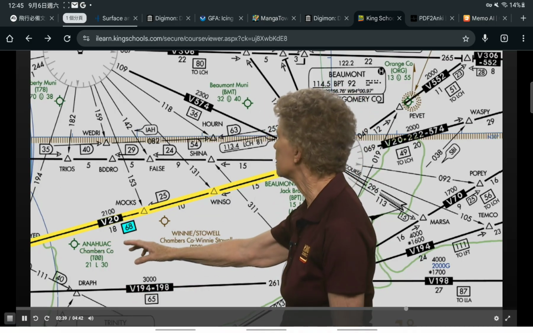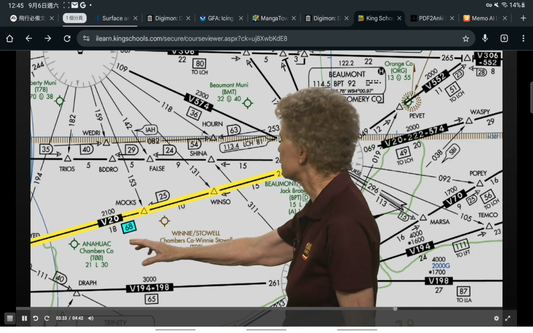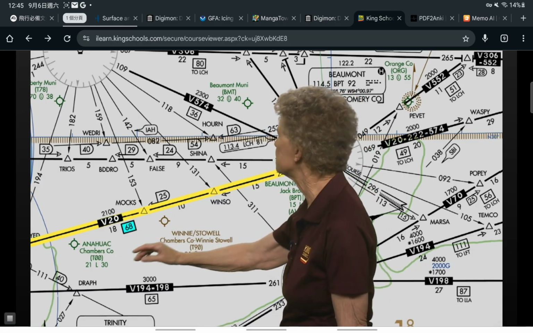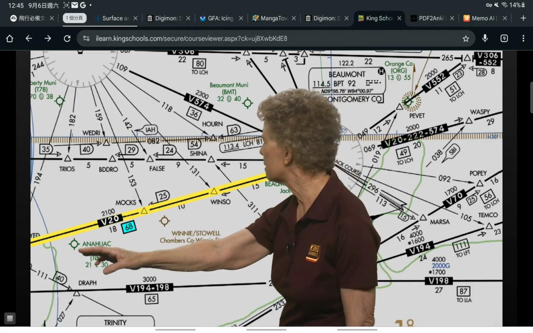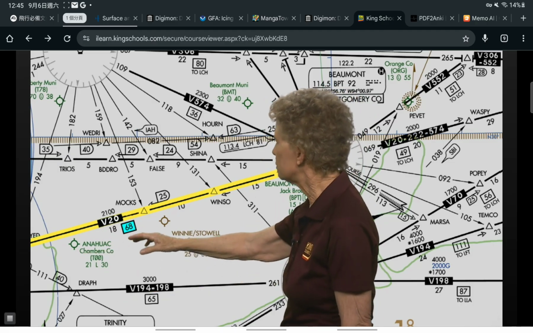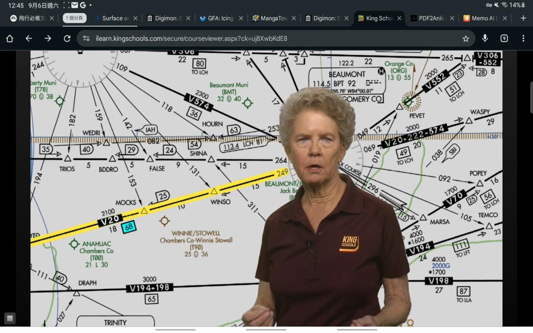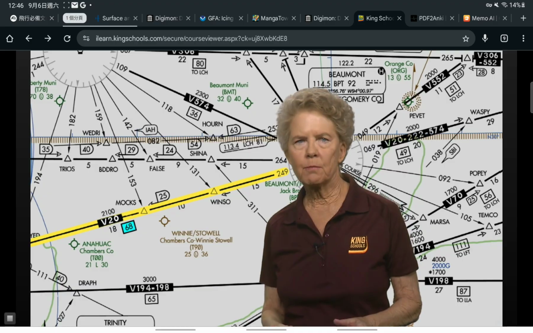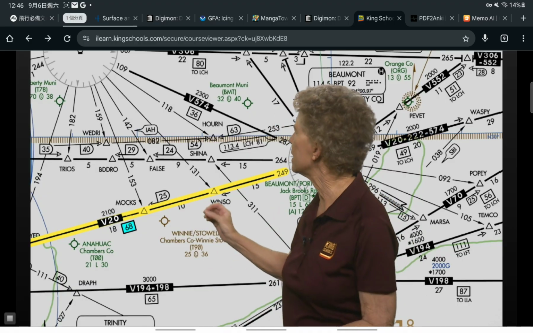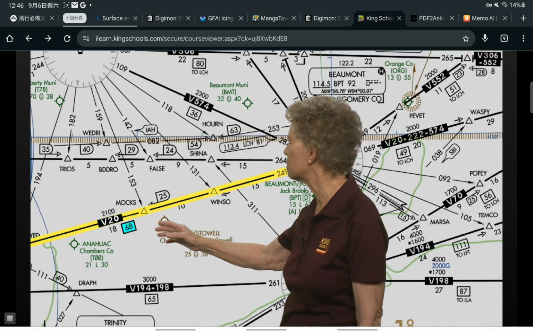It's 68 nautical miles between them, so divide that in half, and the halfway point would be 34 nautical miles. Your changeover point is 34 miles west of Beaumont or 34 miles east of Hobby VOR.